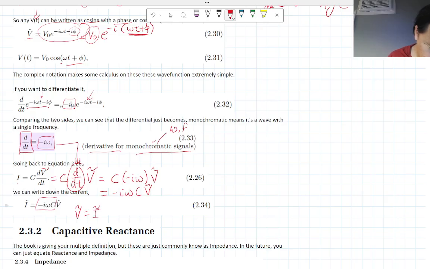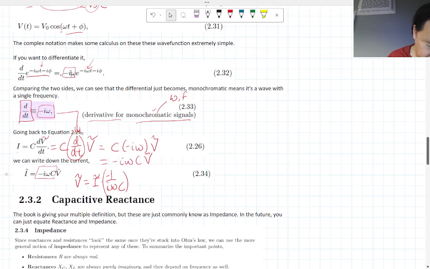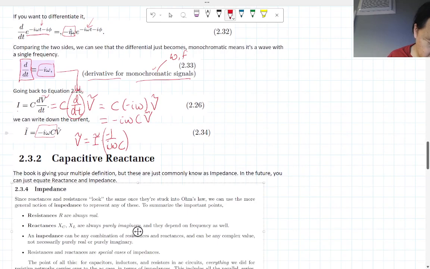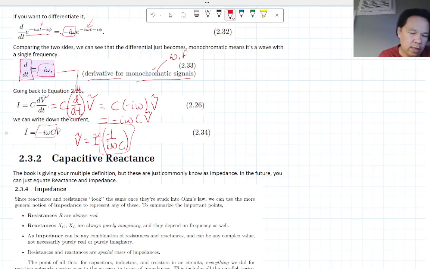I, the complex current, is 1 over i omega C, with the negative sign. And this starts to look like almost, I'm going to actually call that the capacitive reactance, which is what we're going to talk about next. Okay.